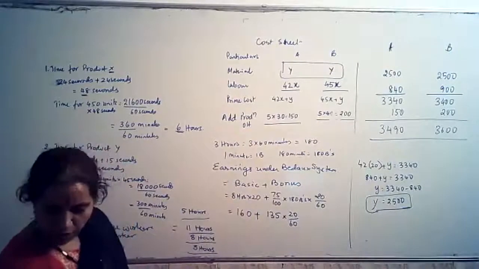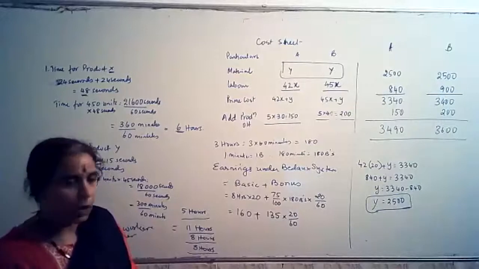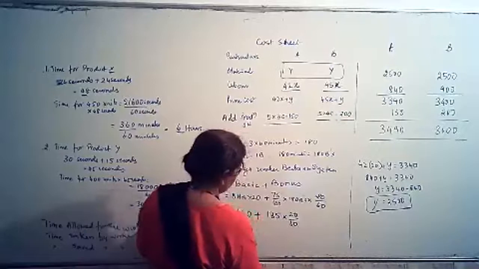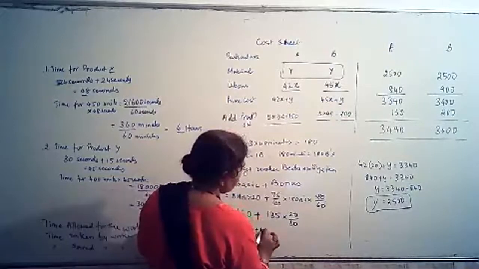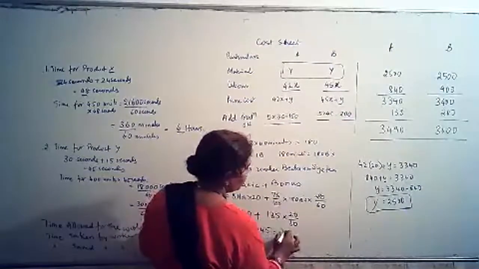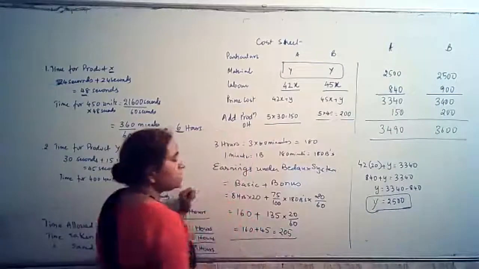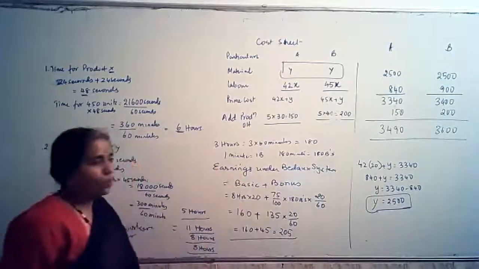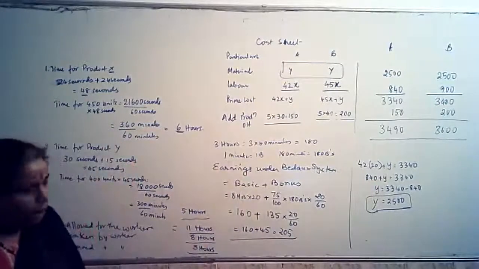That will give me 45 rupees. So how much is the bonus I have? Bonus is equal to 45 rupees. So 160 plus 45, which is nothing but 205. So earnings under the BDOX system is 205 rupees.